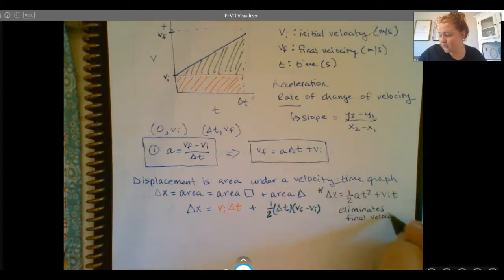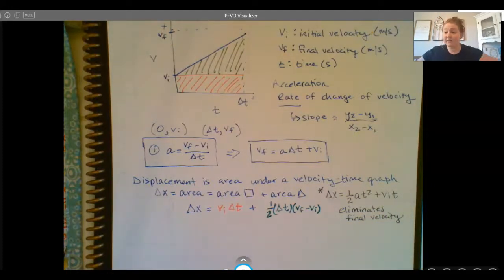Because sometimes when we're solving a word problem or something, we might not know the final velocity. But if we have the other information, then we're able to plug it in here and solve for whatever I need. So this is good when you don't have your final velocity. But I have to show you how to get there.